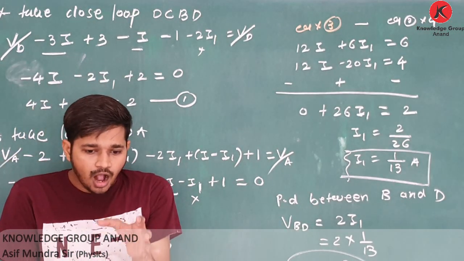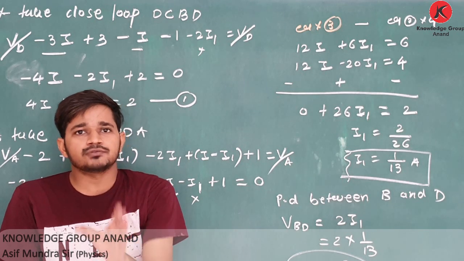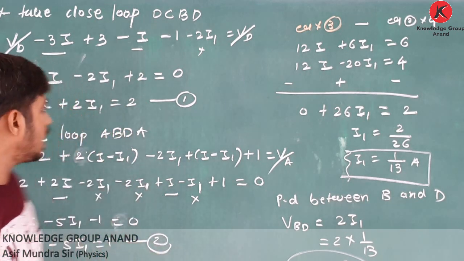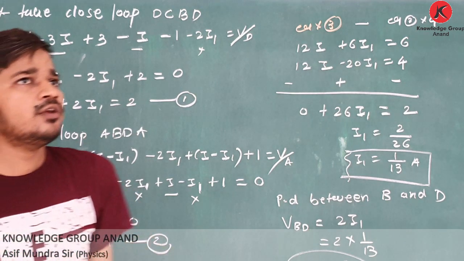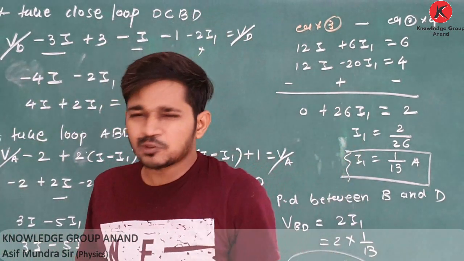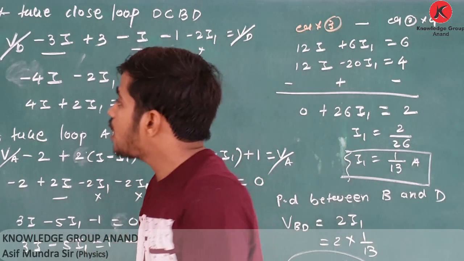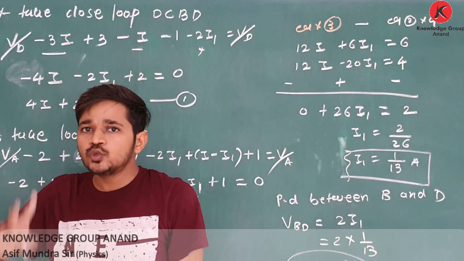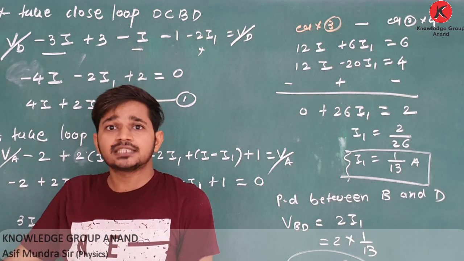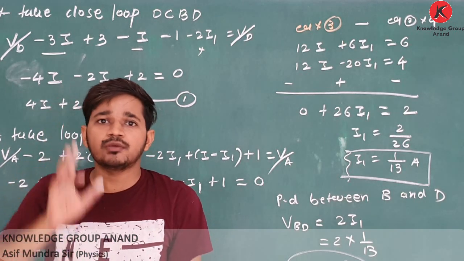Okay, so this is how to use Kirchhoff's rules. Kirchhoff's first rule applied at this junction B, and Kirchhoff's second rule is applied for 2 loops. If you may ask me one question, why take 2 loops? Here you have 2 variables I and I1, so to solve 2 variables, math says that you need minimum 2 equations.